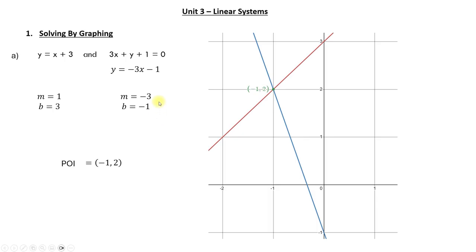If we take our y-intercept for this one, 3, and we graph it, we get a line that looks something like this. Whereas if we graph this one, we get a line that looks like this. Okay. Our solution is the point of intersection, negative 1, 2.